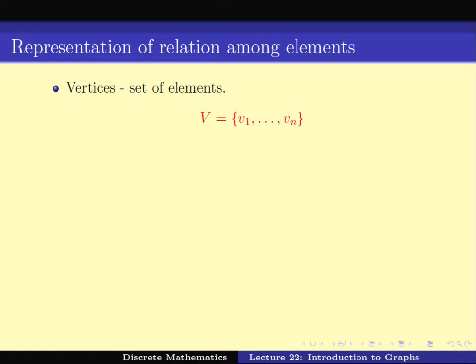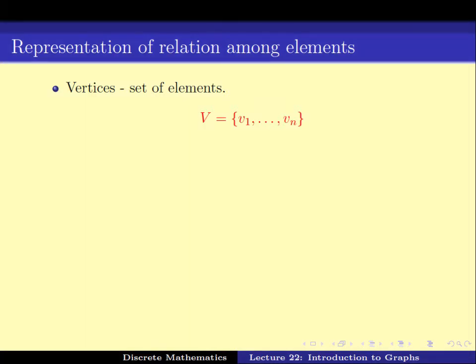So, to define the relations among these elements, we usually call the set of vertices the set of elements. So let V1 to Vn be the set of elements. The relations that we are talking about are relations on pairs of vertices.